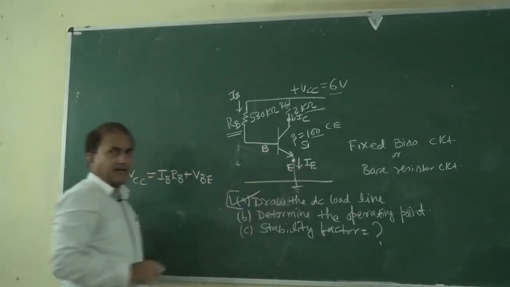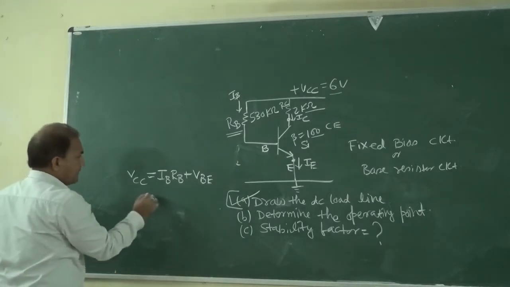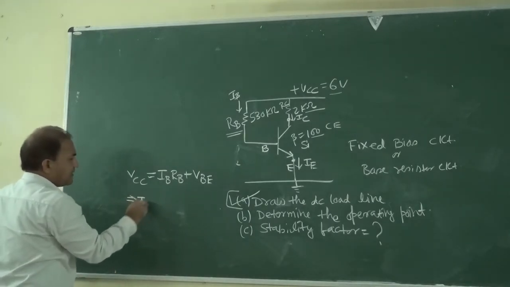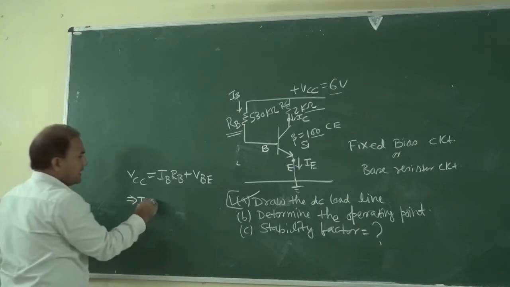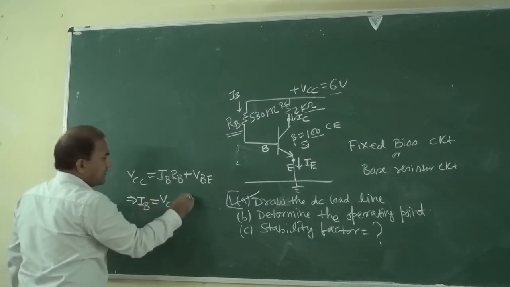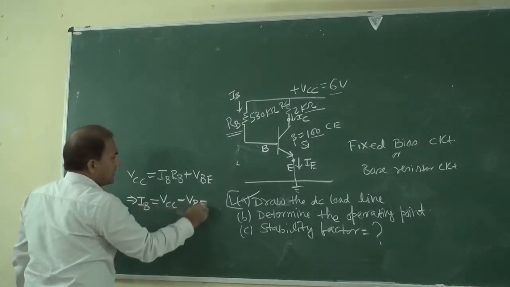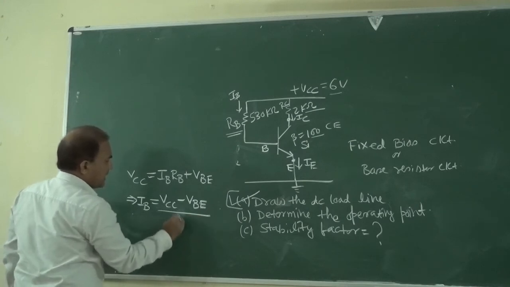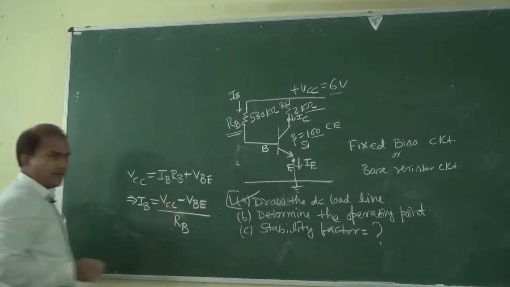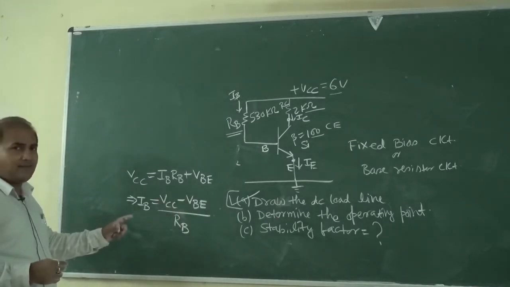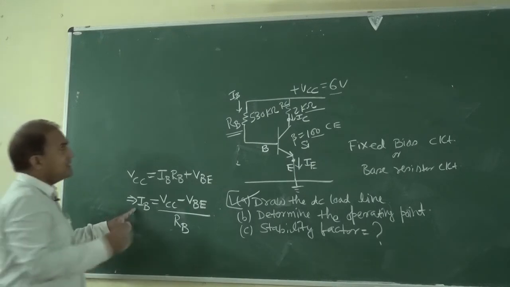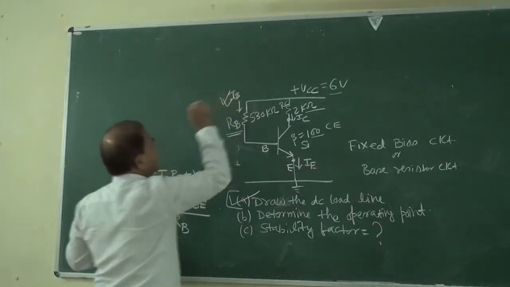From this we can determine the value of IB. It is equal to VCC minus VBE divided by RB. So in this way we can determine the current IB.